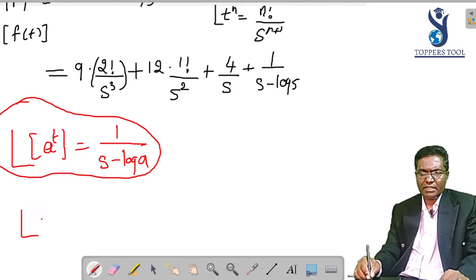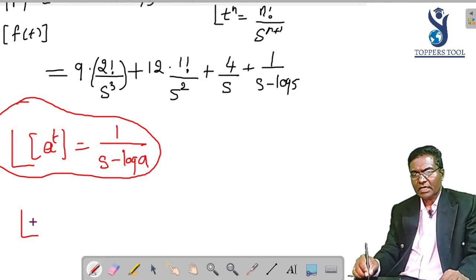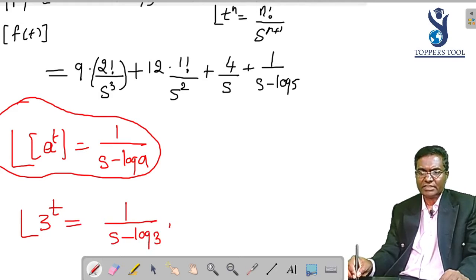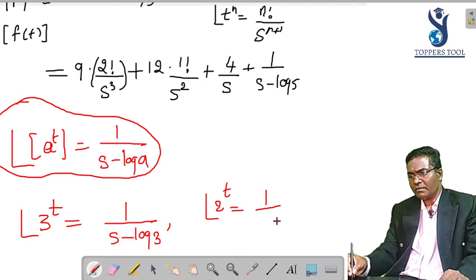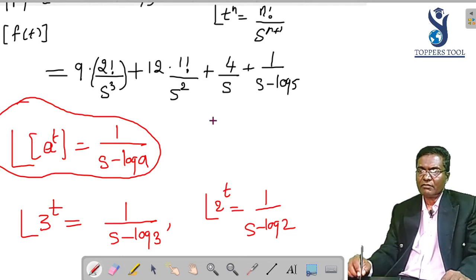For example, Laplace of 3 power t means you can immediately write 1 by s minus log 3. Laplace of 2 power t means 1 by s minus log 2. So let's have a few more on this.